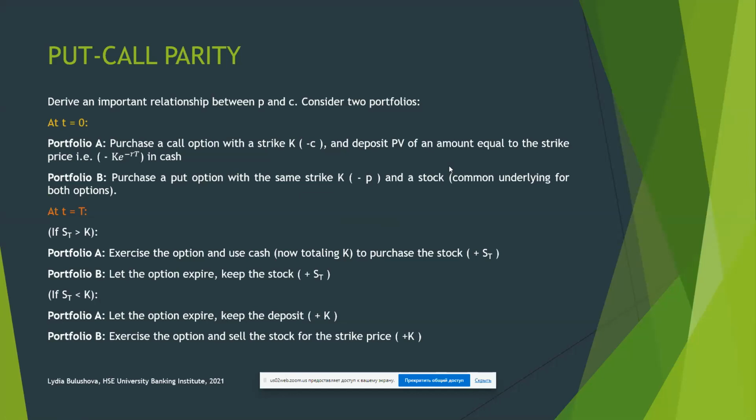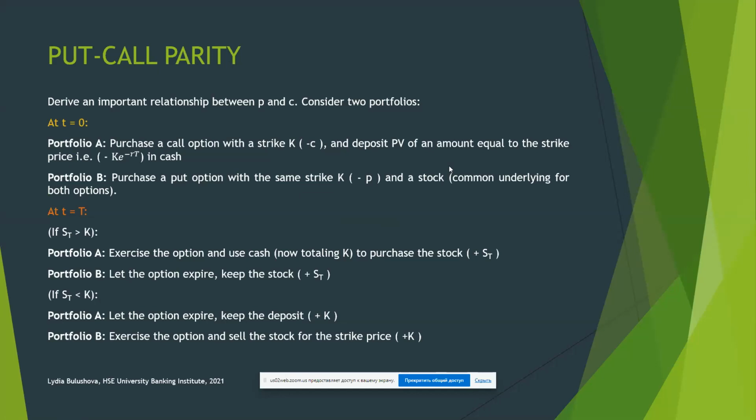It's a very important relationship between put price and call price. A call option is an opportunity to purchase an asset. Put is an opportunity to sell the same asset.